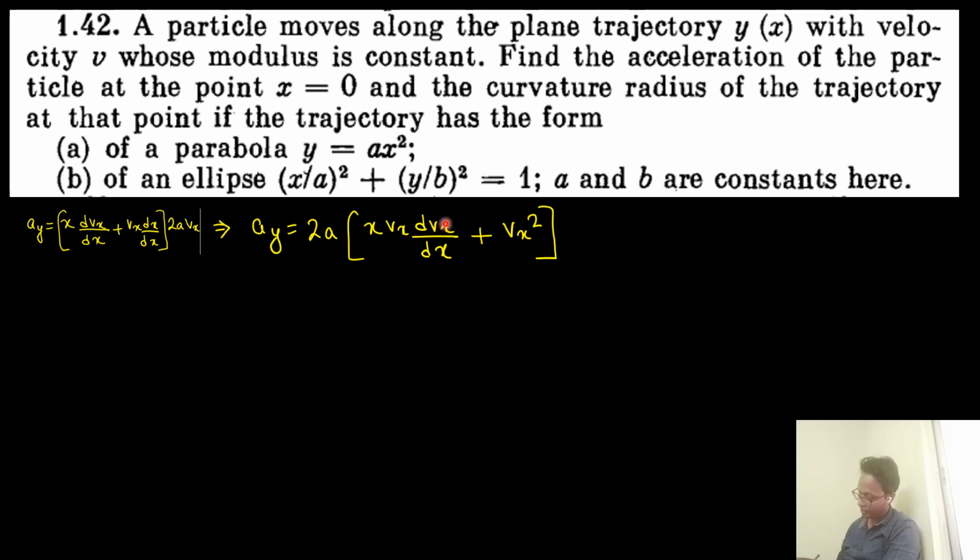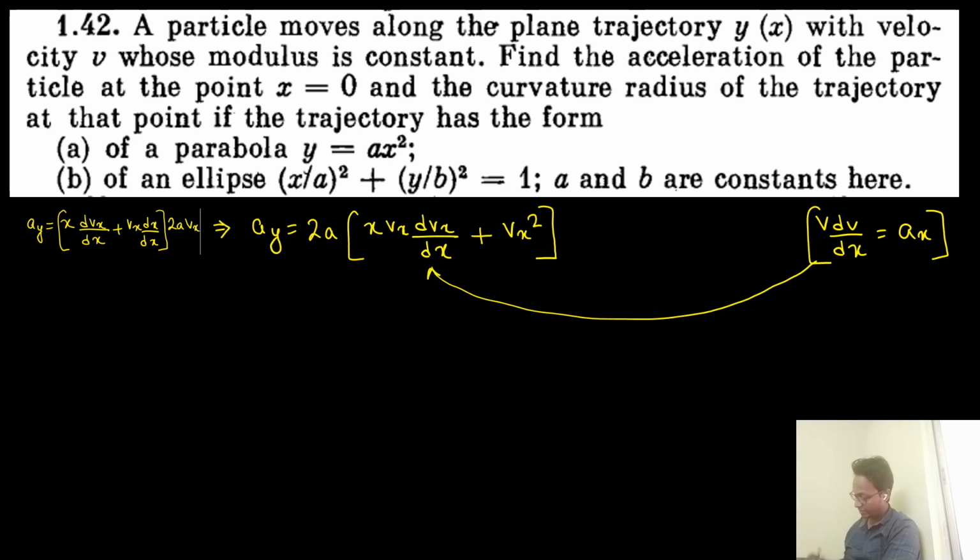Now vx into dvx by dx, v dv by dx or v dv by ds. What was v dv by ds? It is nothing but the acceleration in the x component, equal to ax. So can I substitute this here?